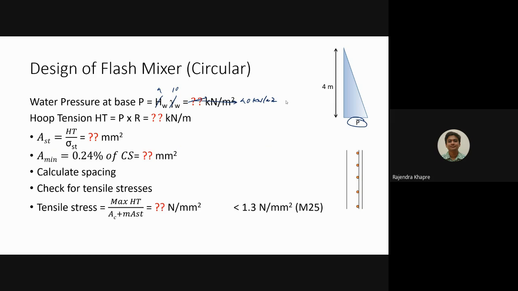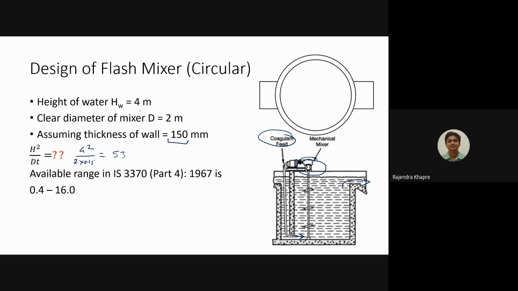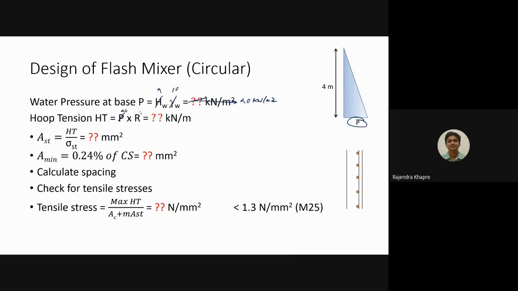As you move from base to the top, the pressure is going to get reduced. So for the maximum pressure, we are going to calculate the hoop tension. Hoop tension is P into D by 2, or P into R. P is 40, and diameter is 2, so radius will be 1.